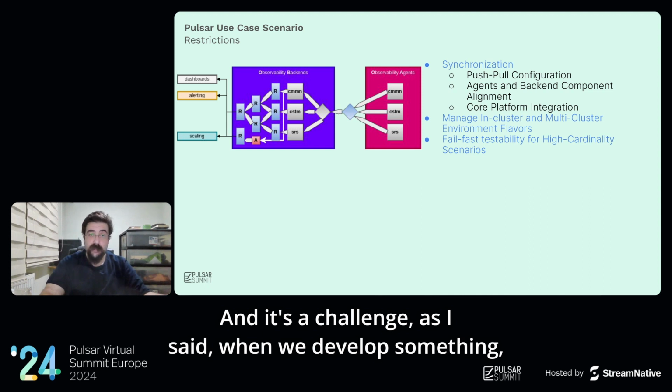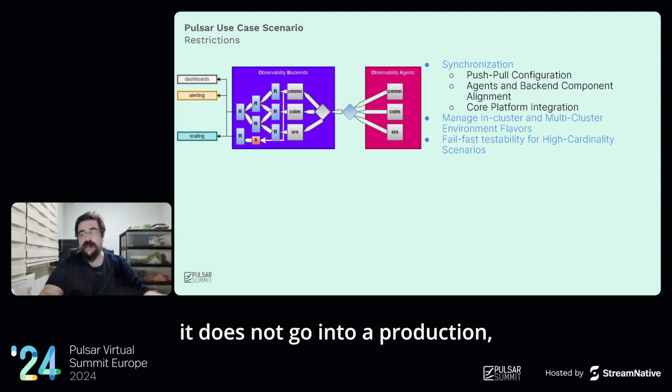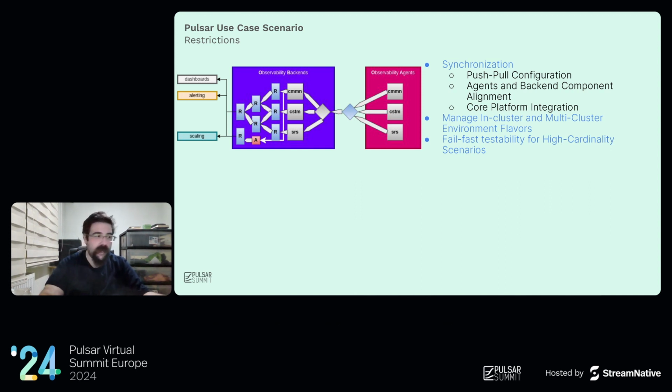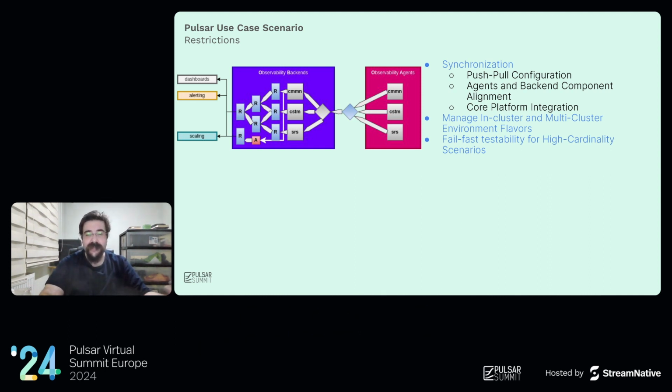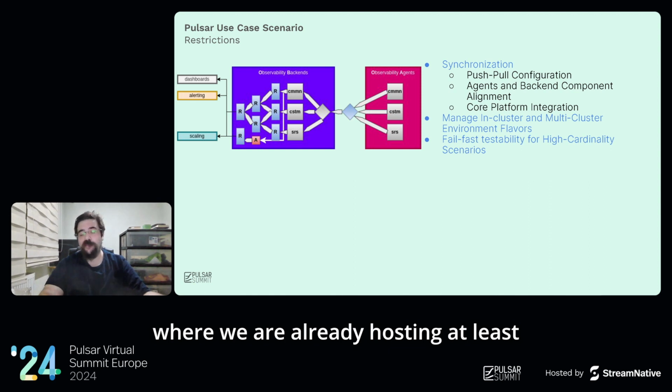And it's a challenge, because when we develop something, it does not go into a small production, but rather somewhere where we are already hosting at least 100,000 devices per shard.